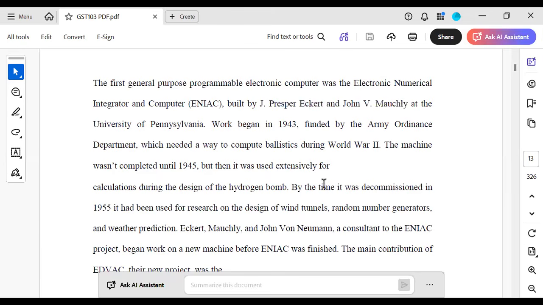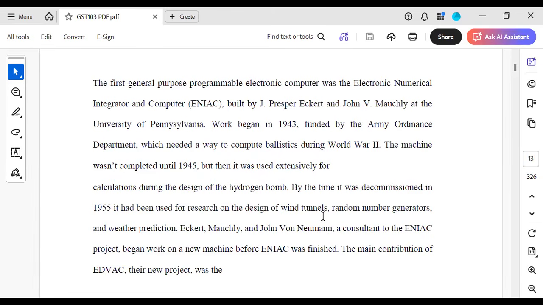Okay. We started with the introduction of how computers came to stay. We talked about the first generation, which contains vacuum tubes, the switch that occupies space, and the method they use is the open and close method.